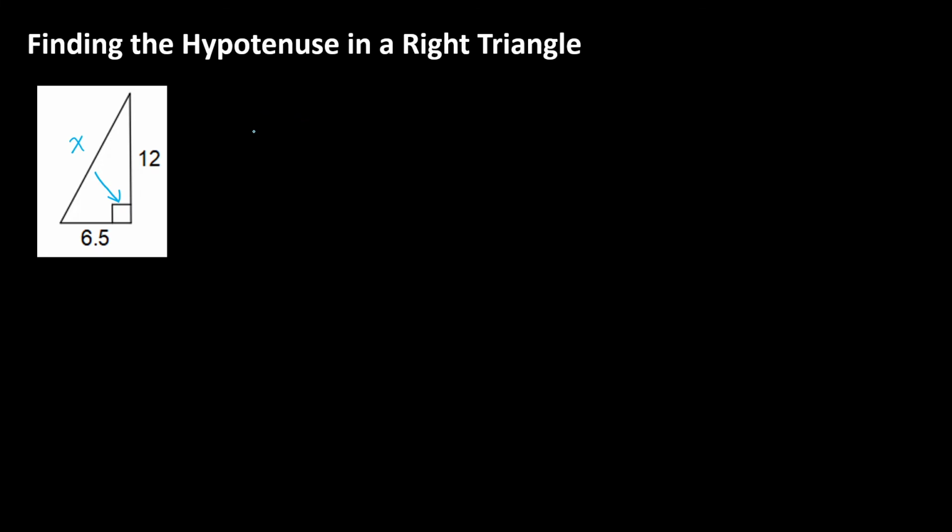So again, here's what our theorem says. Leg squared plus leg squared equals hypotenuse squared. So let's replace the values of the legs and the hypotenuse in our equation.